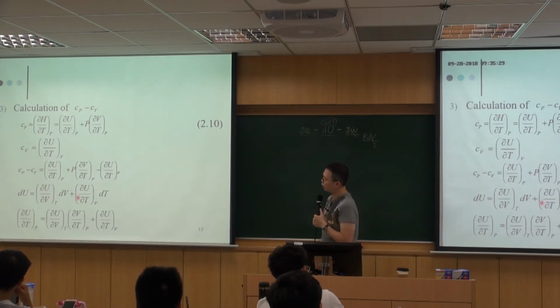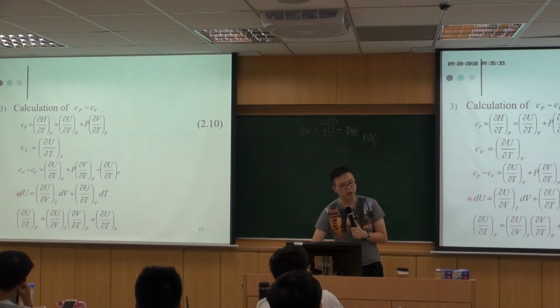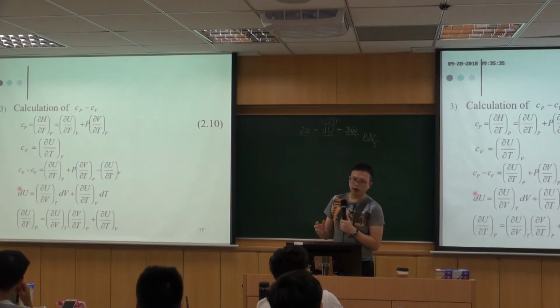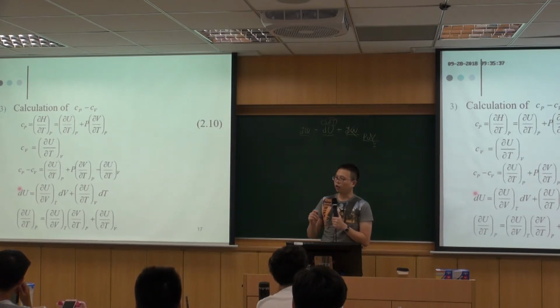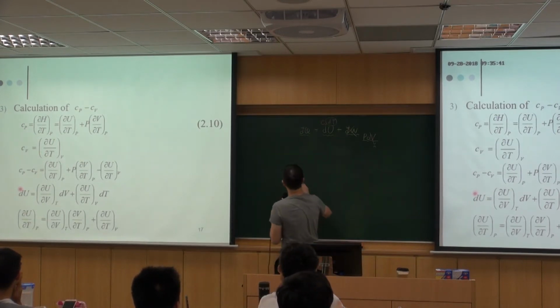to show that relationship, it starts from this exact differential. We know that state function U is a perfect differential if you write dU.